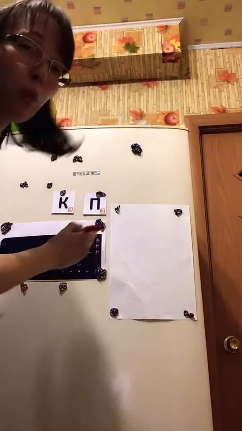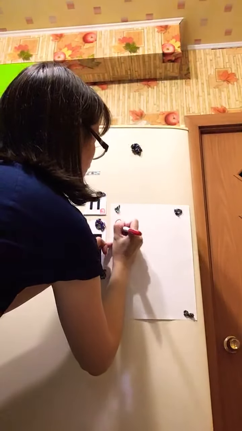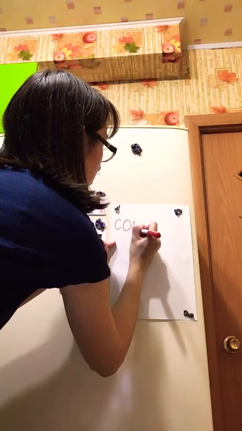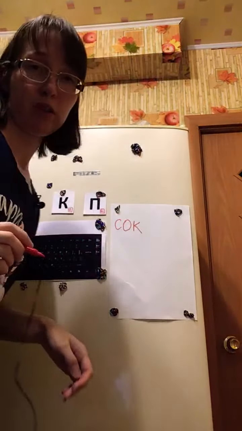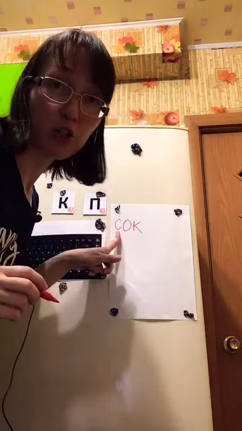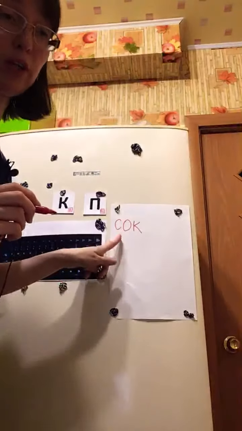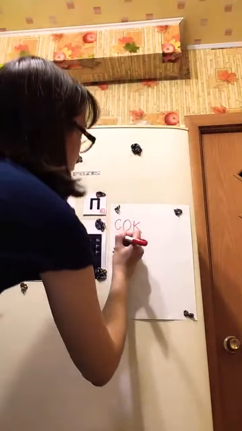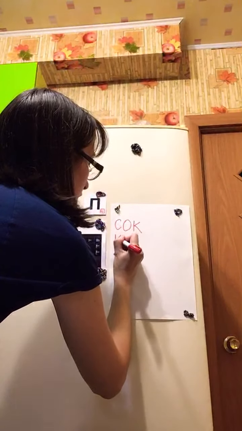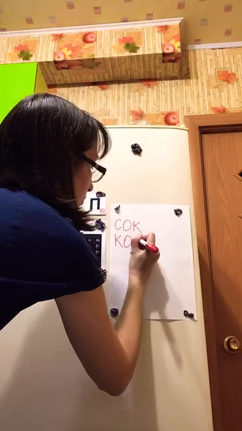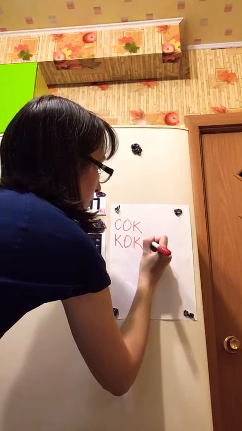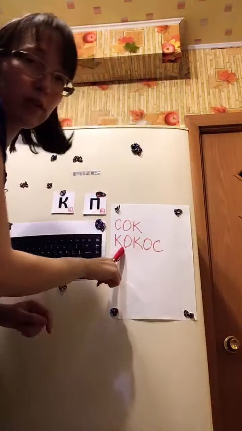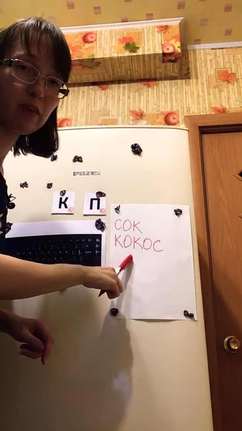So, let's work on some of those new words. We took a word сок, juice, singular. Then we took a word кокос, a coconut.